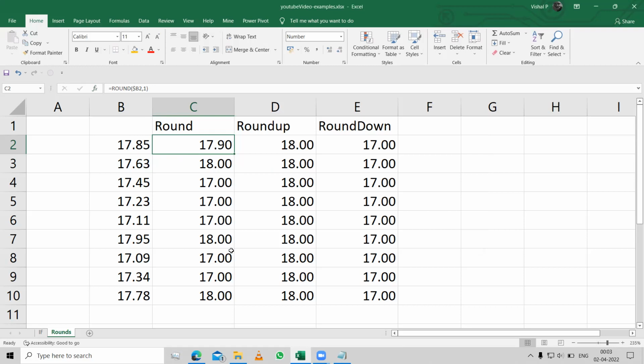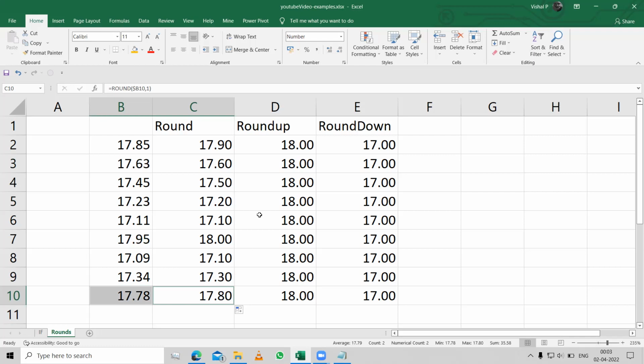If I drag this down, you will see that 63 it brought to 60, because it is not above 0.65. If it were, it would have taken it to 17.70. But in this case it is 63, that's why it has got it down. Here it is 45, it has taken it to 0.5. 23 goes to 20.